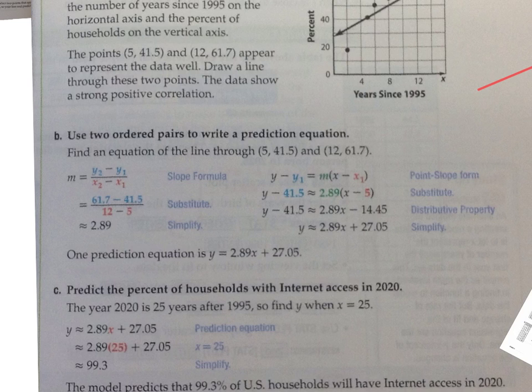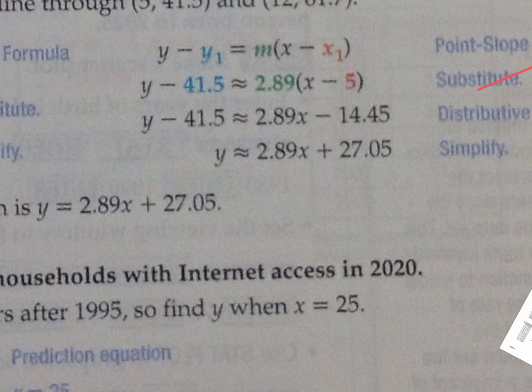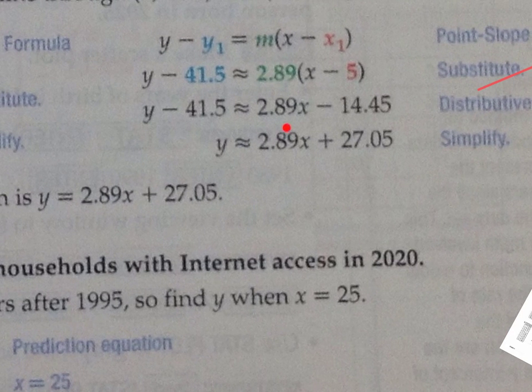And of course it is ugly because of decimals. And then they switched it to slope intercept form, y equals 2.89x plus 27.05. Now, that equation right there is the equation that represents your line that best fits, and it's called the prediction equation, because if you wanted to find out what the internet access will be for, let's say, year 2016, which is this year, you would plug the years into x to find the output y, and that would give you your y value on that graph.